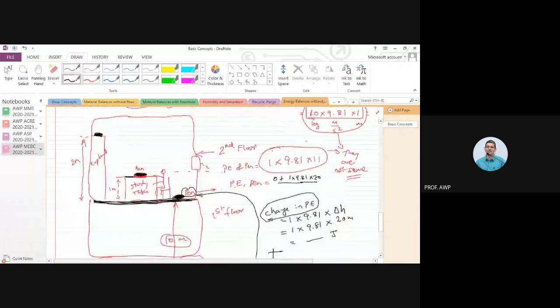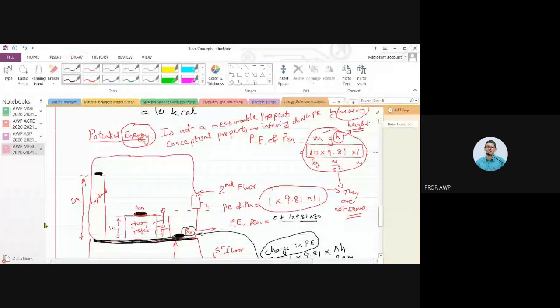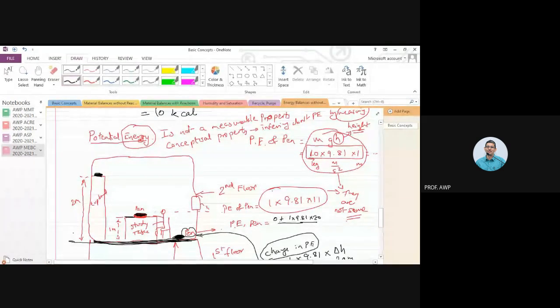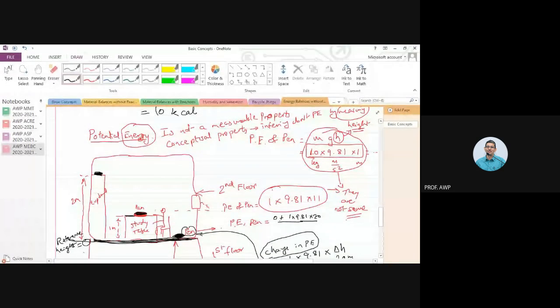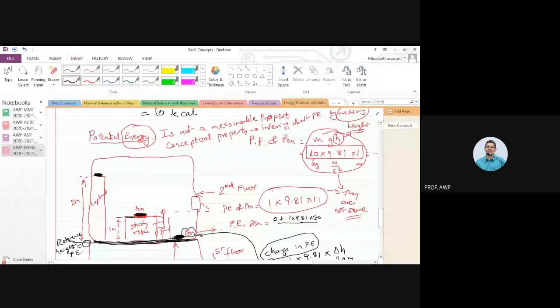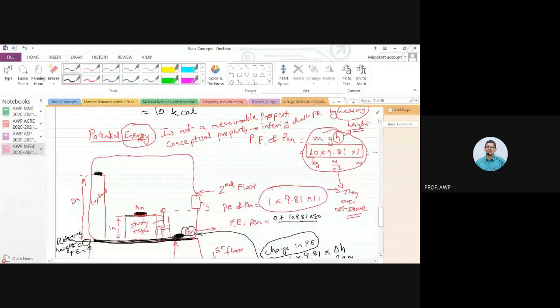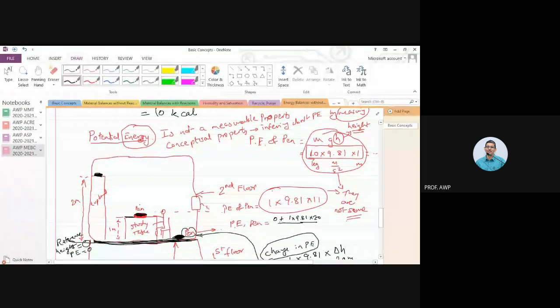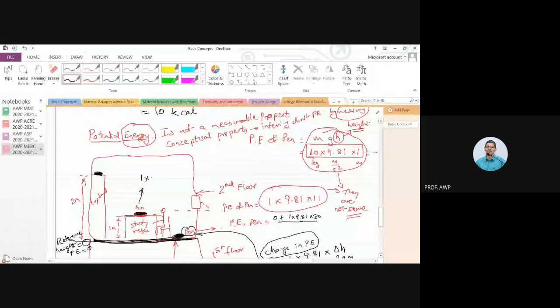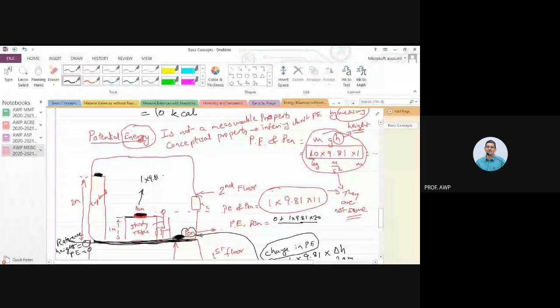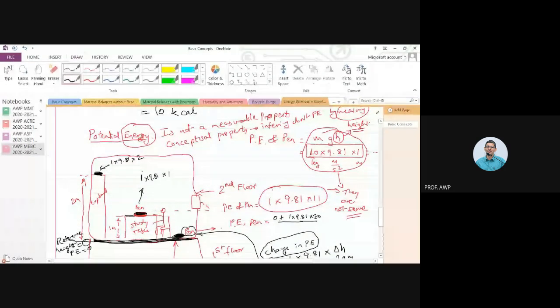When you answered initially, you took the reference as here. And at this reference height, you said potential energy is 0. And therefore, you said that the potential energy of the pen is 1 into 9.81 into 1, or the potential energy is 1 into 9.81 into 2.